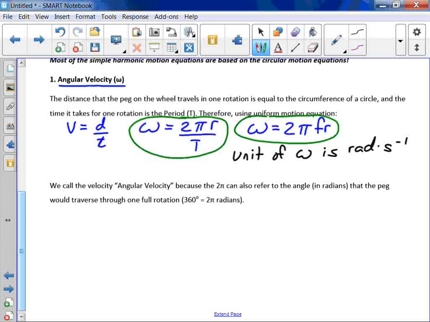Sorry guys, something's wrong. I'm sorry, this is the first time using this version of the notes. There is no R at this point. Angular velocity just refers to 2 pi over T or 2 pi f. I had the second one right.